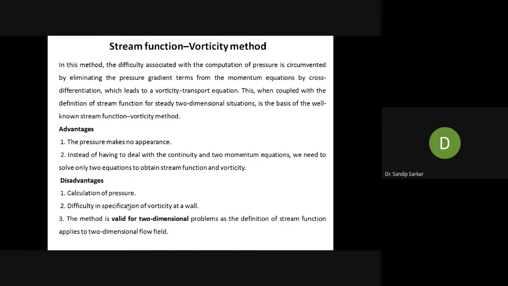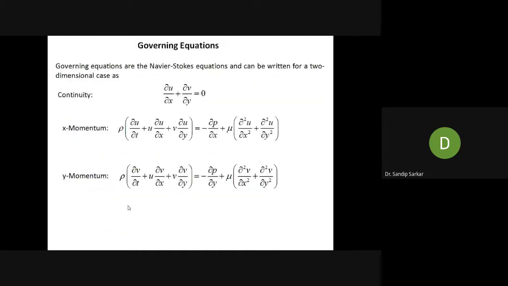Basically we get rid of the pressure gradient terms by performing some kind of elimination, and since the stream function is derived by satisfying the continuity equation, it also satisfies the continuity equation.